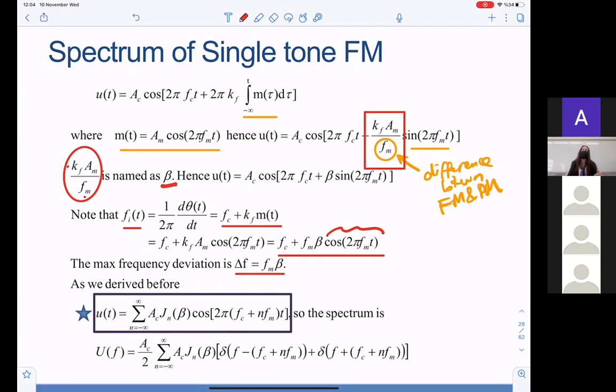Remember, this doesn't mean that the spectral content only varies by FM times beta, but it's going to be related. So delta F is also something that we use a lot to characterize FM. As we derived before, in terms of Bessel function values, the signal can be expressed like this. In the spectrum domain, we have a sequence of impulses placed at FC plus or minus multiples of FM.